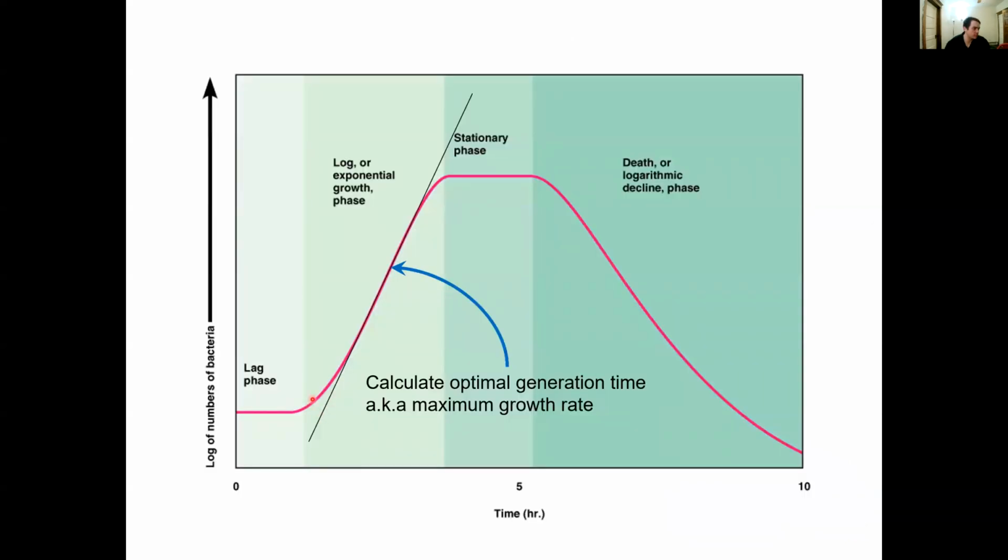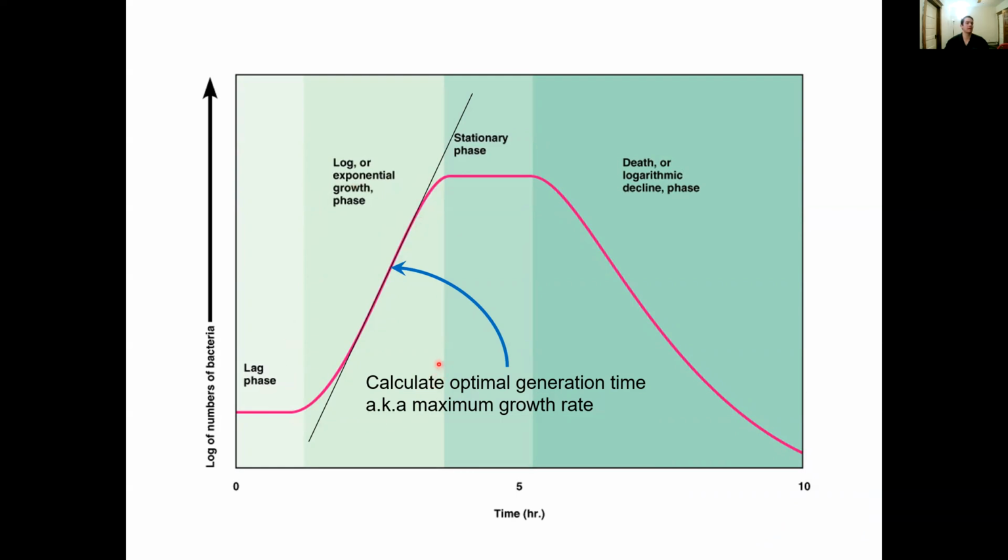That's why you have this explosion of numbers. Keep in mind, again, this is a logarithmic scale, so this is a really, really large increase in numbers. And when you are calculating the generation time, or the maximal growth rate, you want to calculate it when this line is almost linear.